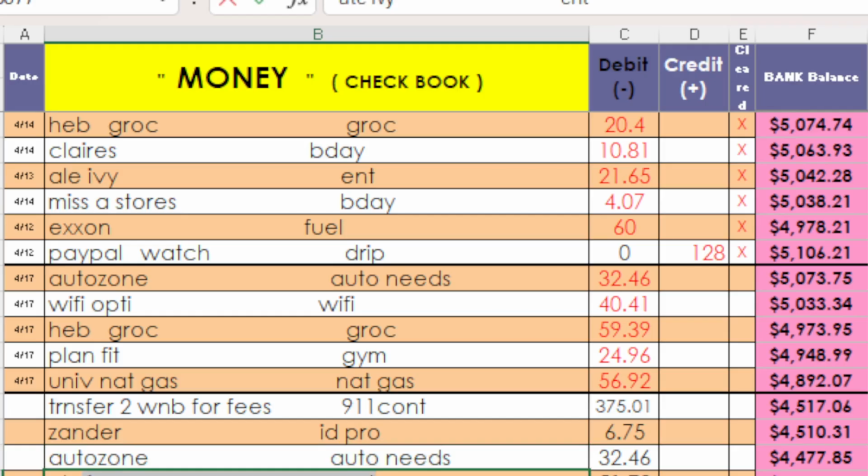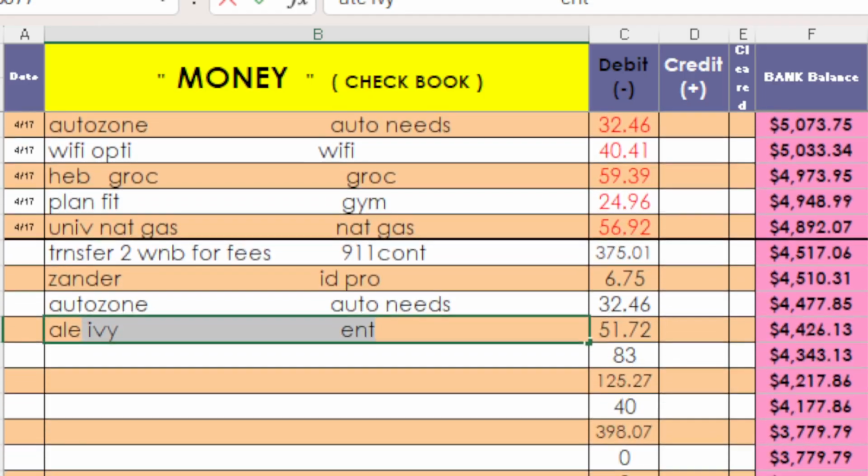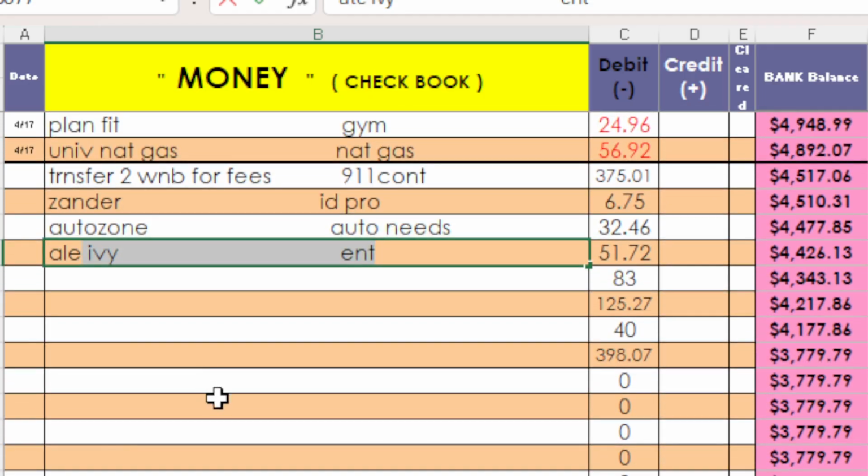The next one is from this particular merchant, and that one's going to go automatically to... see if y'all can't see that, so I'm going to scroll down a little bit so you can see it. Okay, and that one's going to go to entertainment expense.